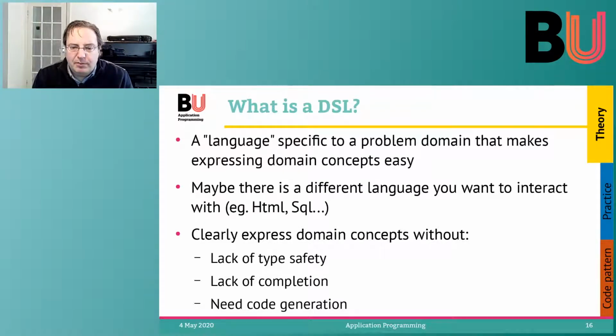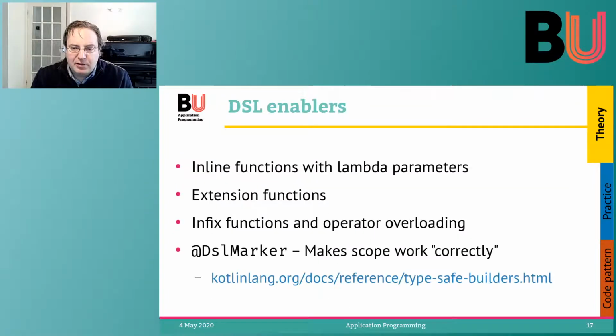So before we look at the elements of domain-specific languages that make it work, let's have a look at these enablers. What are the parts of Kotlin that make that work? Particularly what makes it work is the inline functions with lambda parameters, extension functions, infix functions, operator overloading, and there's something called a DSL marker.